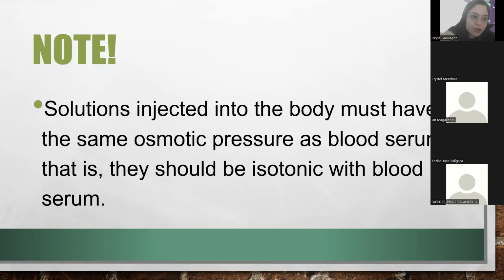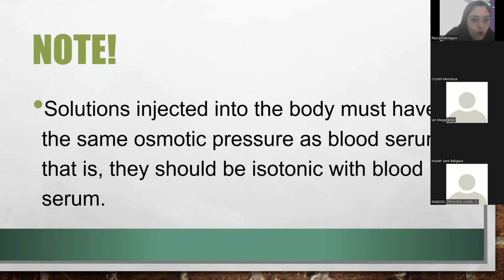Okay, we have to make sure, class, that these substances to be injected directly to the vein will have the same osmotic pressure with our blood. Okay, or in simpler terms, the solutions to be injected directly to the vein should be isotonic with blood.